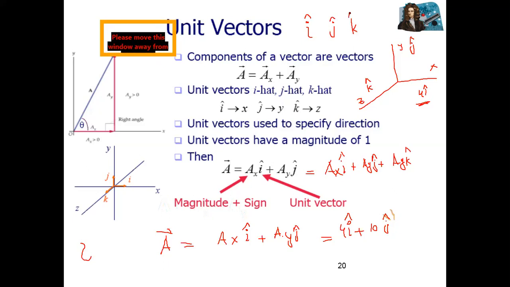These are actually symbols along the x-axis, y-axis, and z-axis. i, j, k unit vectors, correct? i for x, j for y, and k for z. These are unit vectors.